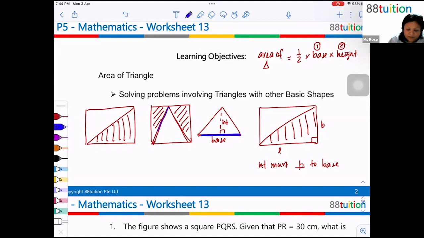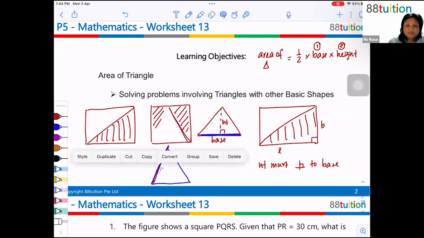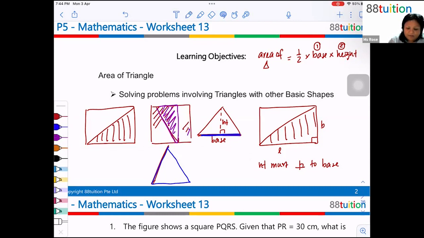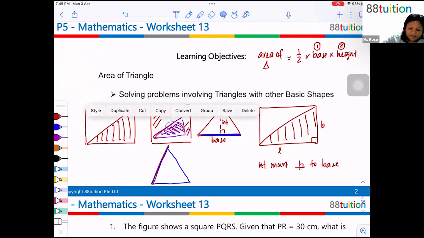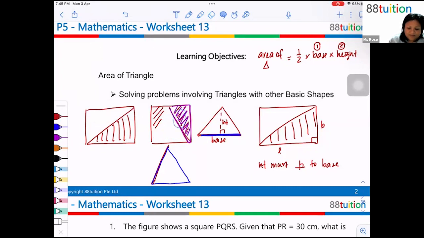Now, for those of you who are not familiar, if you take this triangle, then I take out this triangle. Remember this part here? What I do is I take this part here and I move and rotate it.